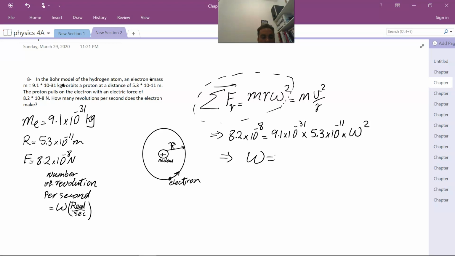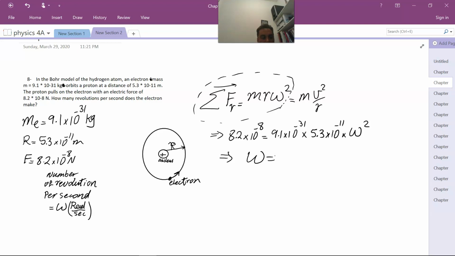So 8.2 times 10 to the power of negative 8, divided by 9.1 times 10 to the power of negative 31, parenthesis close. Then that number divided by 5.3 times 10 to the power of negative 11, close parenthesis.